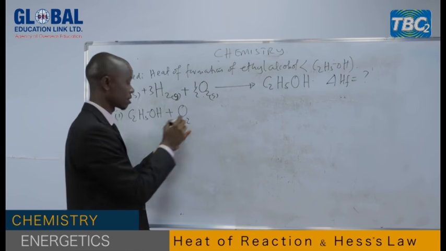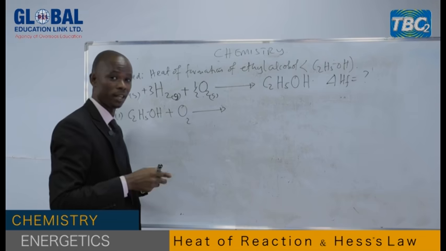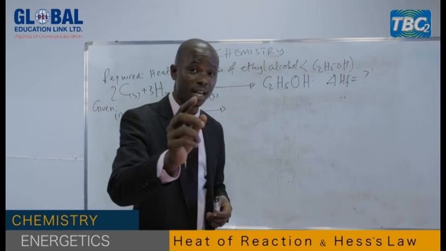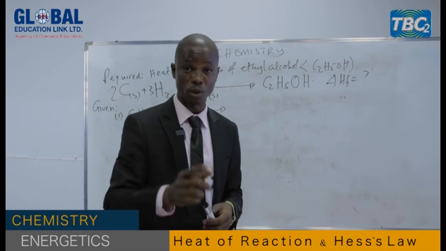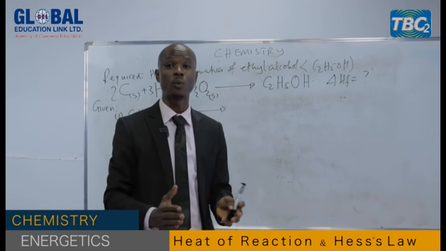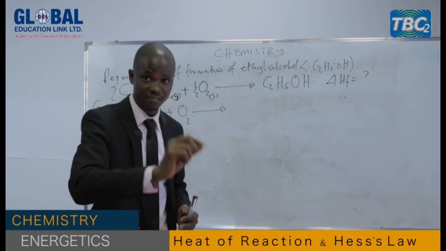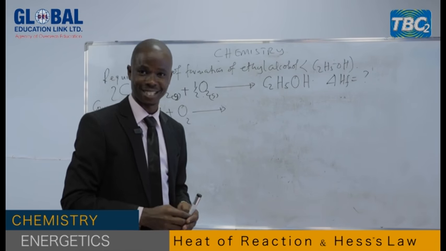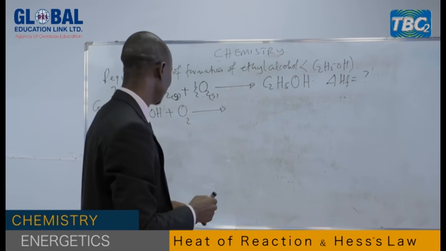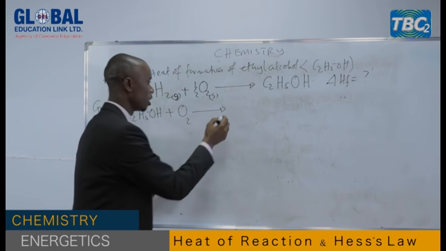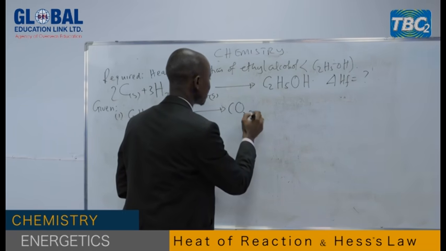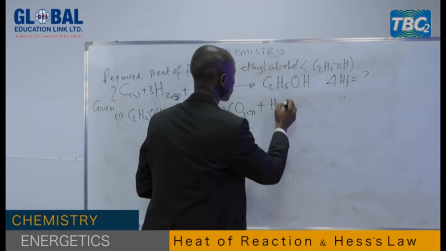That means we have oxygen gas. What are we going to get? I'm sure that you have the knowledge of organic chemistry. All organic compounds, when they burn in oxygen, give carbon dioxide and water. You must have that knowledge from organic chemistry. That's very important. So when ethyl alcohol is burnt in oxygen, we get carbon dioxide gas and water.